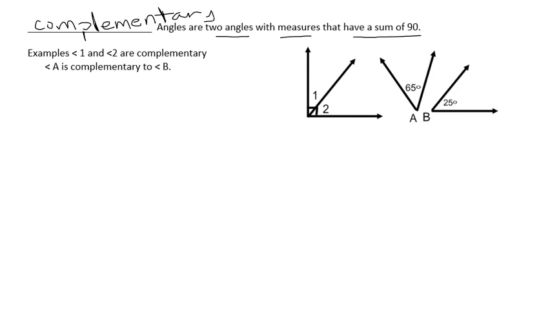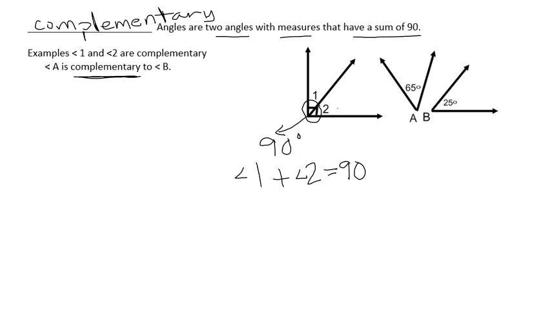I'm going to underline it down here for you. So angles 1 and 2 are complementary. And that little box, remember, that means 90 degrees. It's a short way of saying 90 degrees. So here we have angle 1 plus angle 2 equals 90.